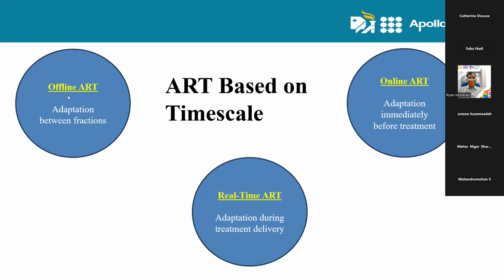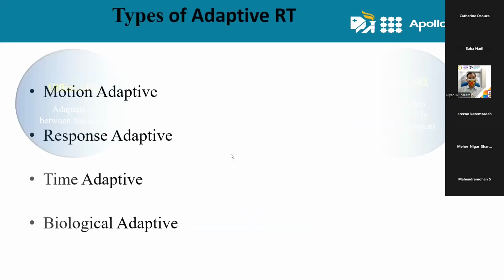These are the ART types based on time scale. Another classification of adaptive radiotherapy is motion adaptive, response adaptive, time adaptive, and biological adaptive. Each approach addresses different clinical challenges.